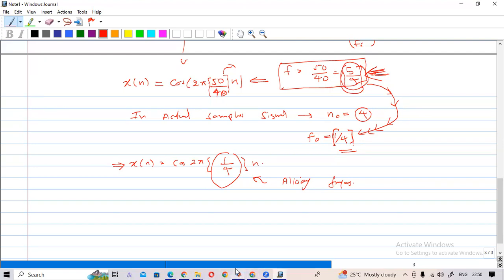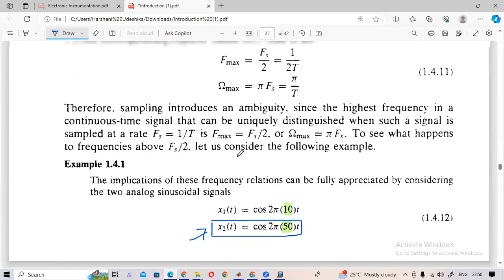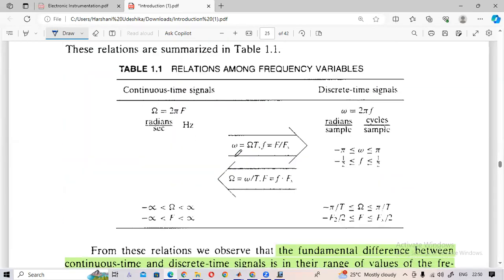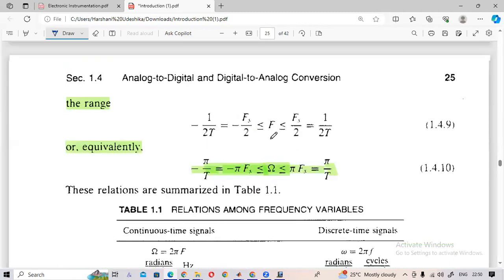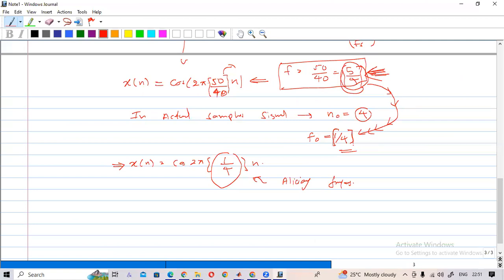Now you can again come to this point. Here there is a condition: the frequency should be greater than minus half and less than plus half. For this signal that condition is not satisfied.